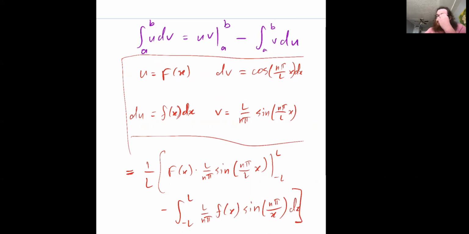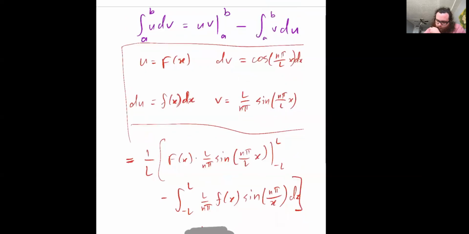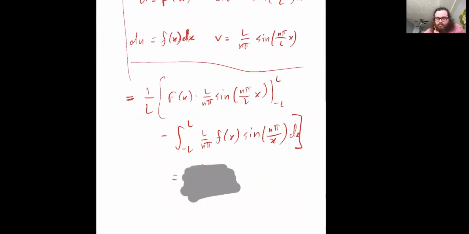Now we can evaluate this. Plugging in L and negative L, we're going to be left with sine of n pi for an integer n, so these terms are all going to be 0.